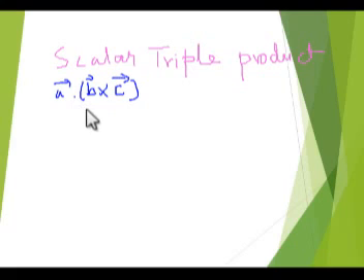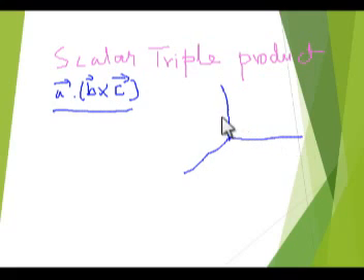So this form is the scalar triple product. So how will the diagram be? Now I am again giving you very clear knowledge about the scalar triple product.